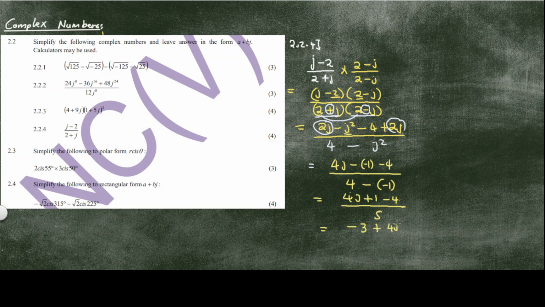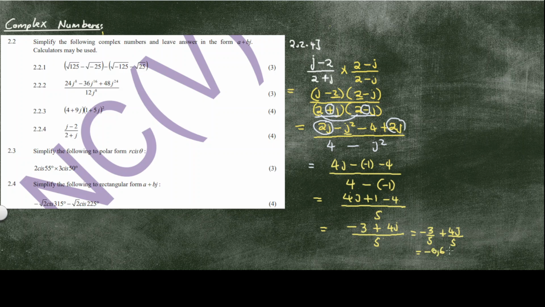4j plus 1 minus 4 over 5, equal to a minus 3 plus 4j over 5. Then we divide. We get a minus 3 over 5 plus 4j over 5. Then I convert it to decimals.